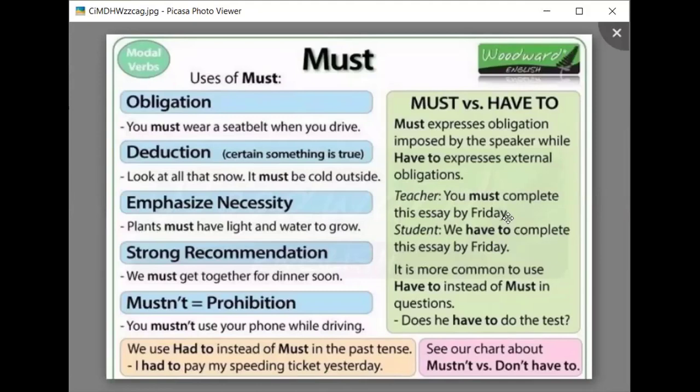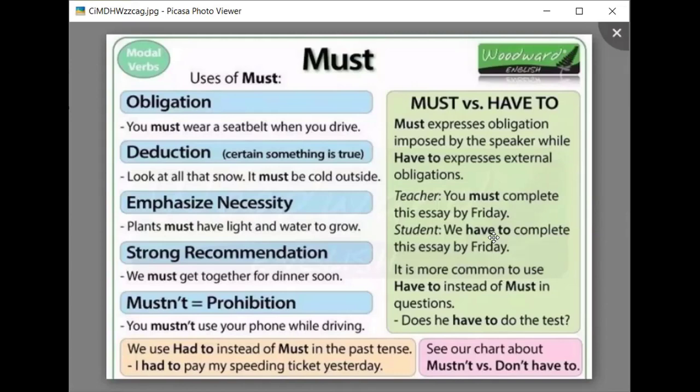So the teacher is saying you must complete this essay by Friday. So the teacher is imposing this. Student is saying we have to complete this essay by Friday. It's an external obligation. Students have been imposed this by their teacher. It's not their own obligation.